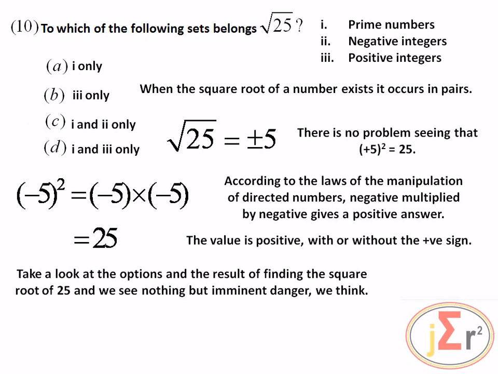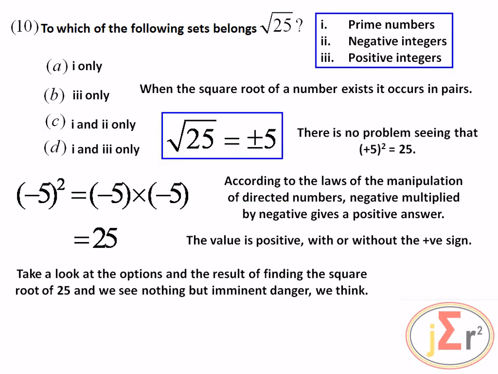The first one is positive 5 and the second one is a negative 5. So take a look at the options and the result of finding the square root of 25, and we see nothing but imminent danger, or we think that we'll have some danger. What do we have there? This is the result, positive 5, negative 5.